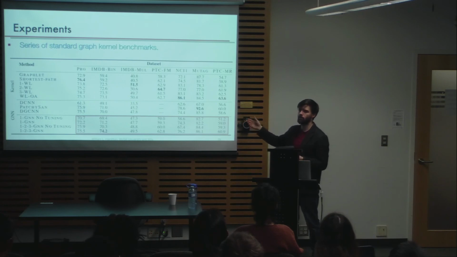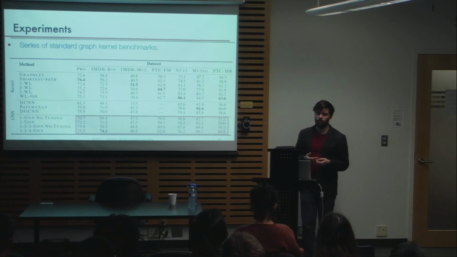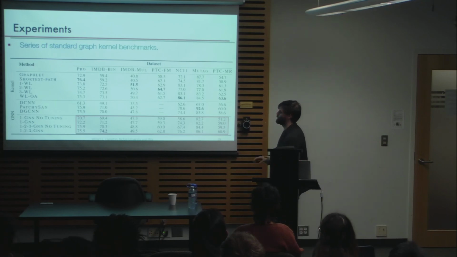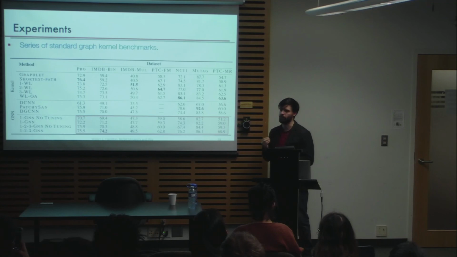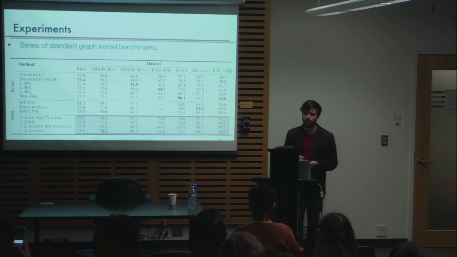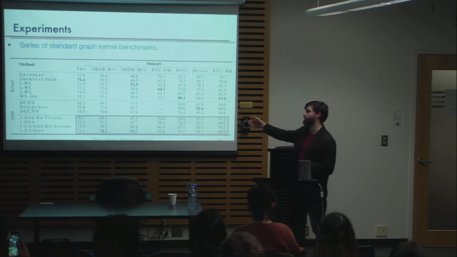But this is just to say that just because they're using some interesting kind of neural network or deep learning formalism doesn't mean that they're necessarily going to win in all cases, and in particular they don't win when we're looking at these very simple baselines. But this shouldn't be surprising because the theory tells us that the trained graph neural nets, the untrained graph neural nets, and the graph kernels should be, in expectation, all equally powerful on these simple benchmarks.